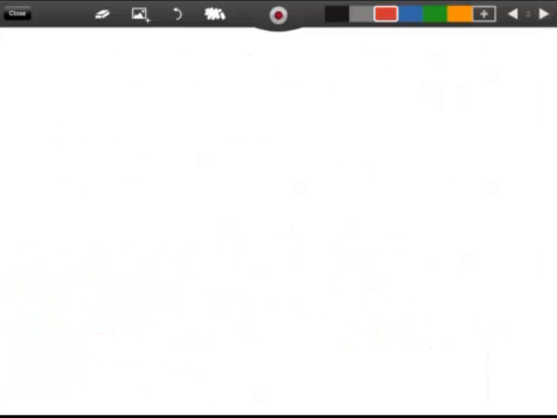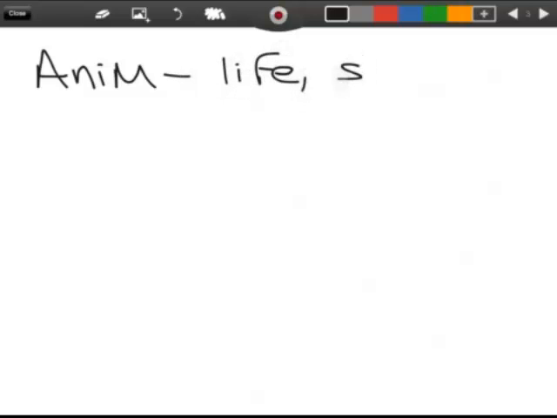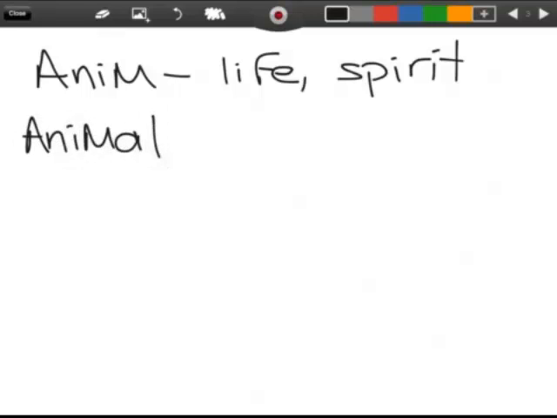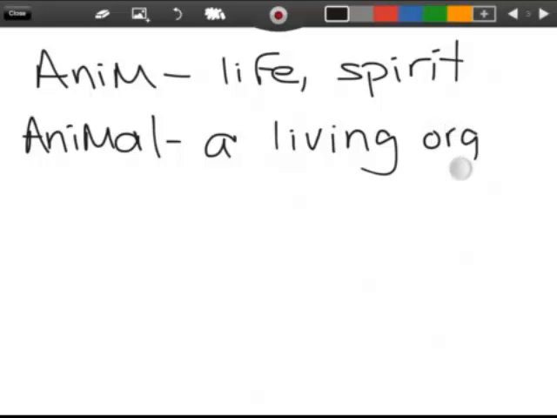Our next root is anim. Anim meaning life and spirit. For example, if I want to use my example words, I would say animal, meaning a living organism.